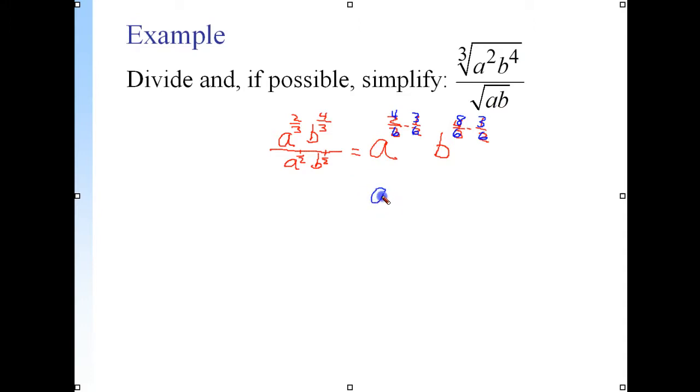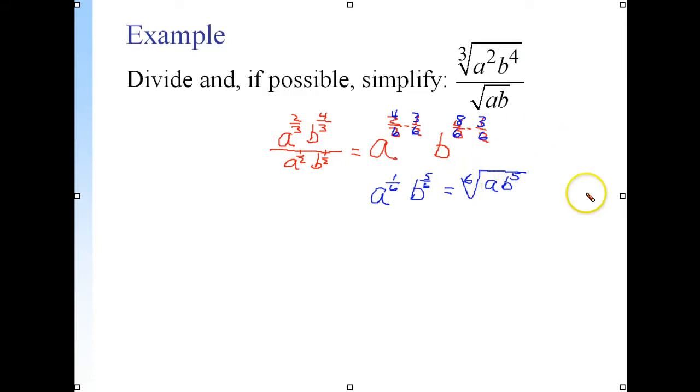So this becomes a to the 1/6, and this becomes b to the 5/6. So converting that back into its radical form, it'll be the 6th root of a, b to the 5th.